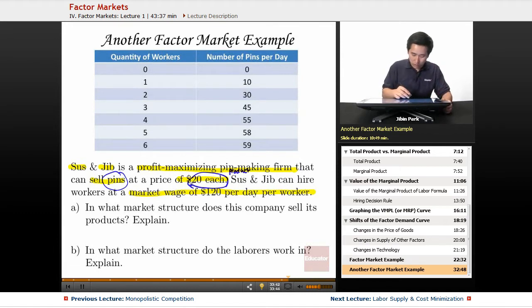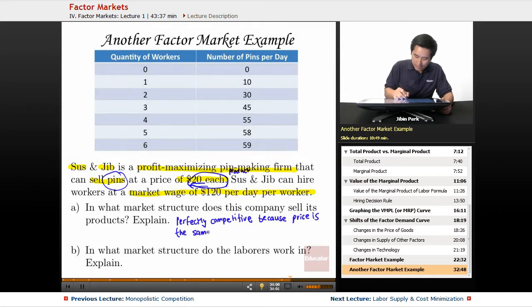So what market structure is it? If you're selling at $20 each, then it's perfectly competitive. Now, how do you explain this? Perfectly competitive because the price is the same.